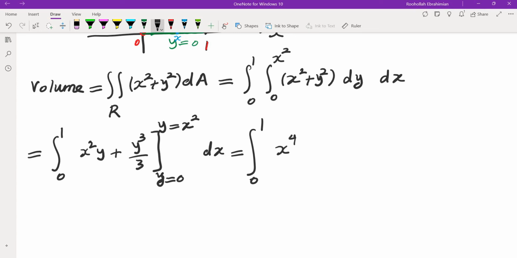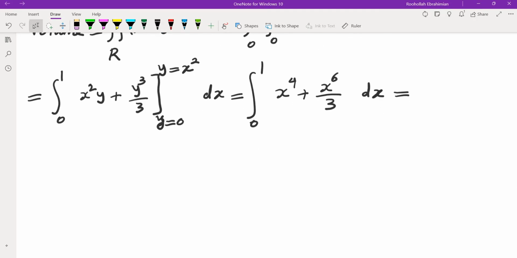We get x to the power of 4 plus x to the power of 6 over 3 dx. And when you plug in 0, you just get 0. So let's integrate this. This would be x to the power of 5 over 5 plus x to the power of 7 over 21. And this one is from 0 to 1.